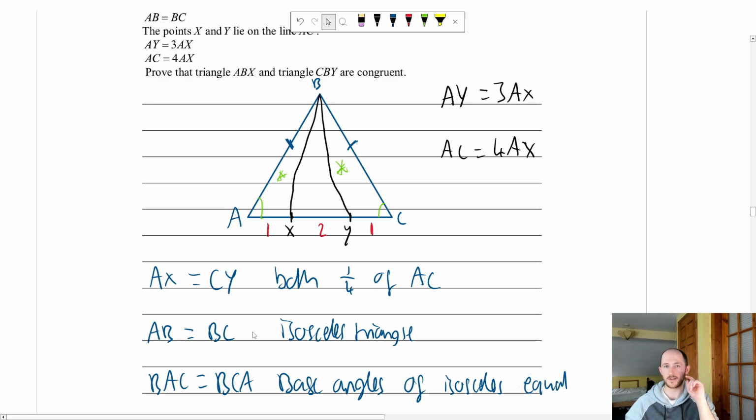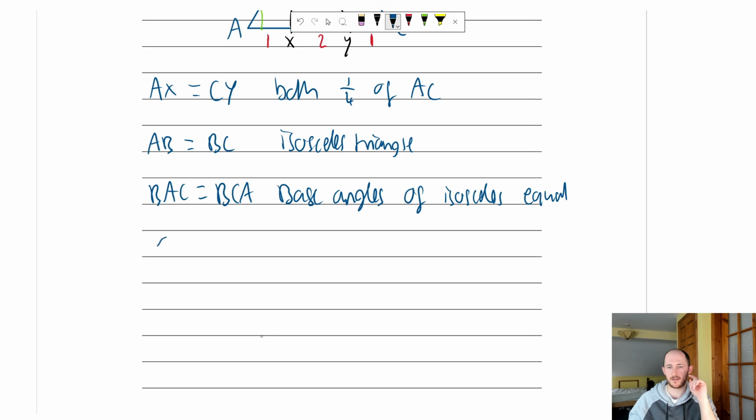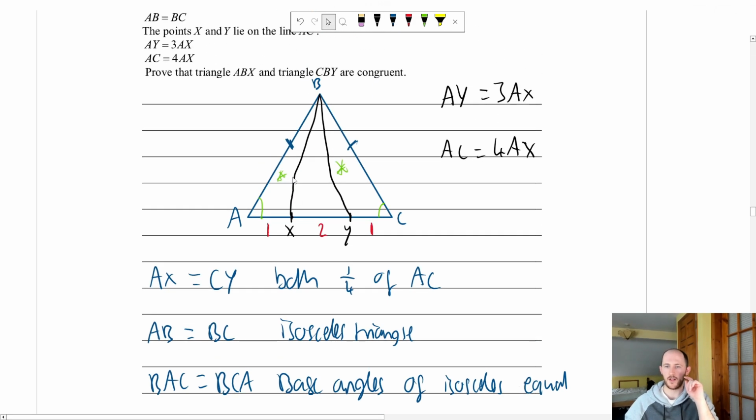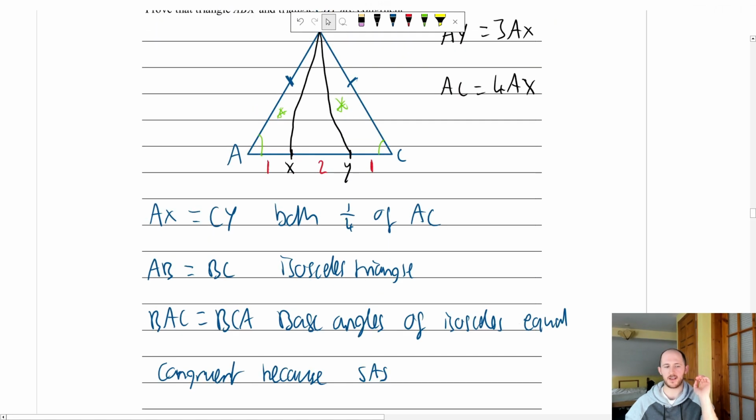So in other words, they are congruent because SAS. The sides and the angle between them on both of these triangles is the same. Therefore, they are congruent. That bags us a nice tidy 3 marks.